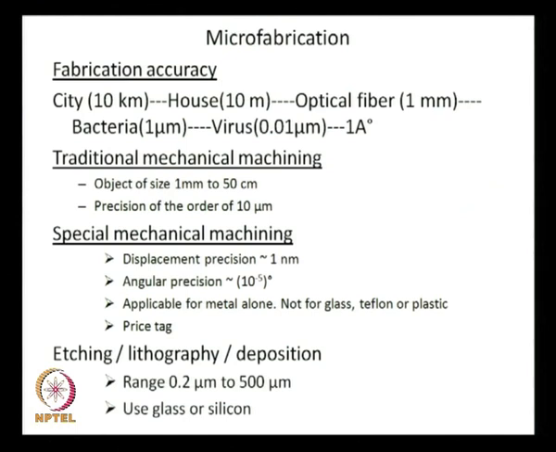Whatever technique, you take the essence of the technique and then make the appropriate changes so that it suits your requirement. So, to repeat, we are not talking about traditional machining or special mechanical machining, though these are there. We are focusing on etching, lithography and deposition.